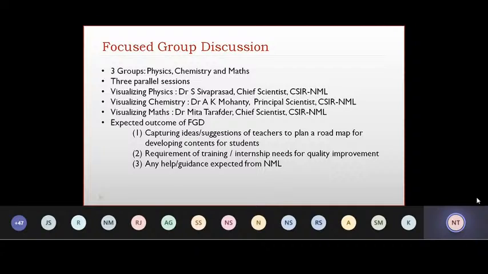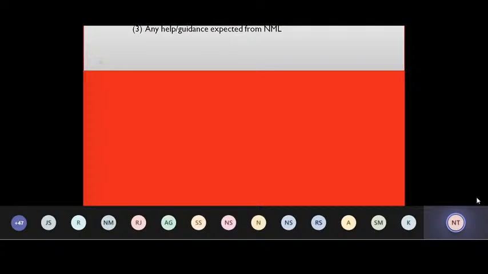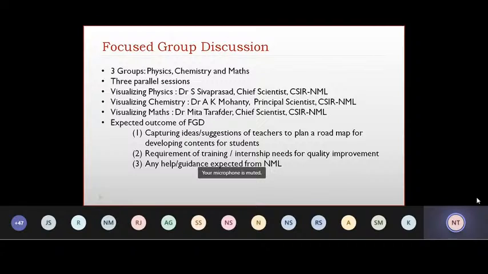Then we'll have visualizing chemistry, where Dr. Mahanti will be the chair and Dr. Shashwati will take care. And for visualizing maths, I myself will be there, and with me Dr. Aniket. This is the way we plan, and we'll have a very focused discussion. We can have a question answer session for at least 5 to 10 minutes after my talk.